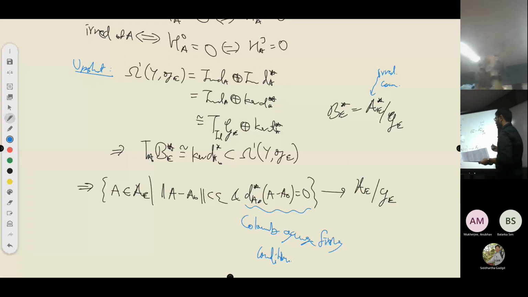Typically when you say gauge fix, all you mean is some subspace of one-forms that's complementary to the image of the tangent space of the gauge group. What we are doing is being very specific and asking it to be the L2 orthogonal complement.